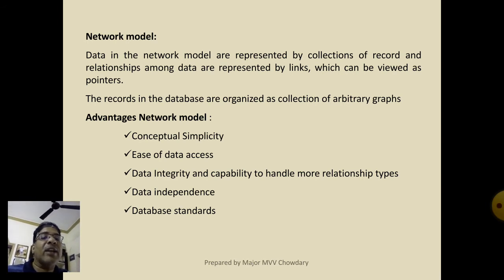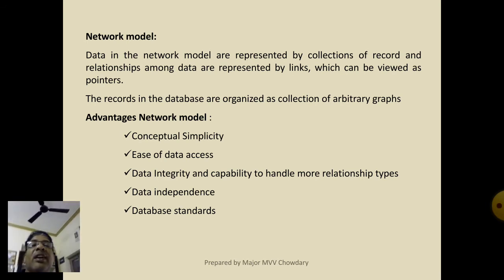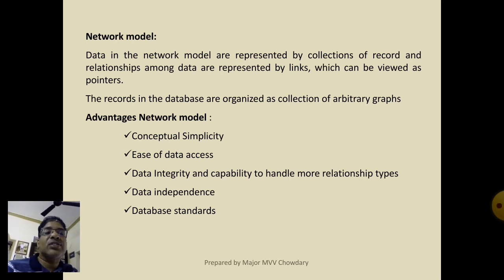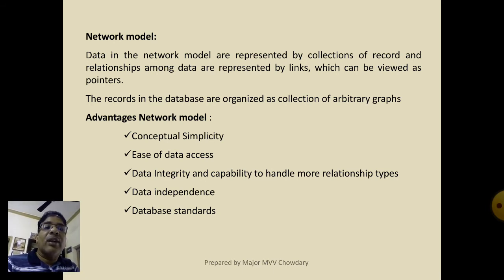In network database terminology, a relationship is called a set. Each set is composed of at least two record types, an owner record and a member record.